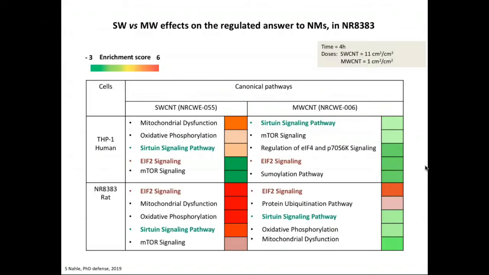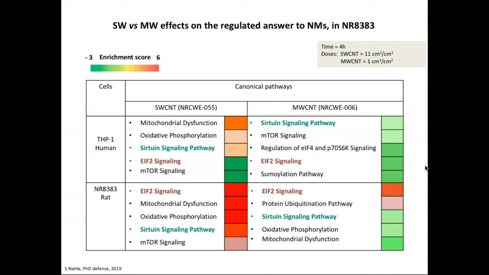So we also compared single wall carbon nanotubes and multi-wall carbon nanotubes to determine if we have different answers and different dysregulated pathways. We did that in both cellular models, rat NR8383 and the human THP1 macrophage models.